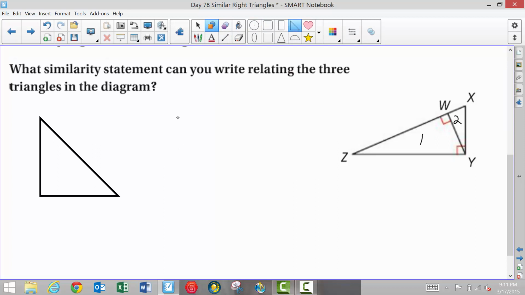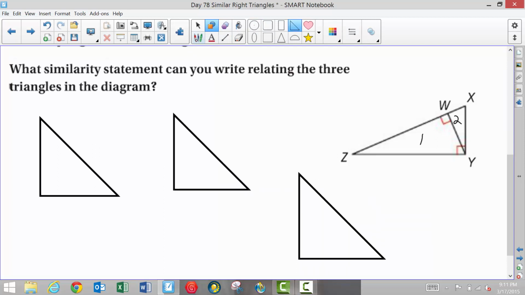So I'm going to redraw my three right triangles all in the same direction. Here's triangle 1, triangle 2, and then here's the original. I'm going to label my original triangle. In my original triangle, I'm just going to say this is X, this is Z, and Y was my 90 degrees.